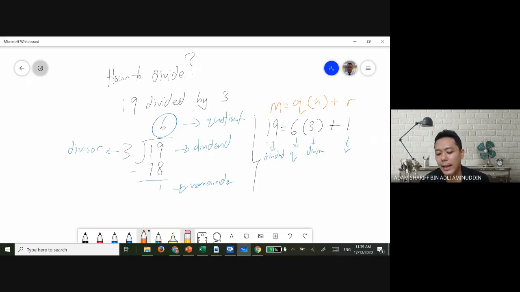Okay, every number can be represented in division algorithm form.